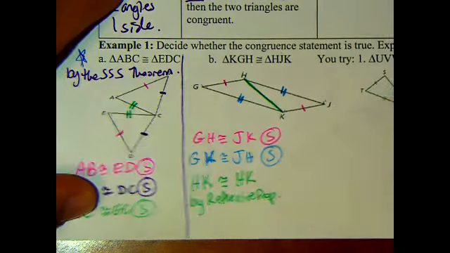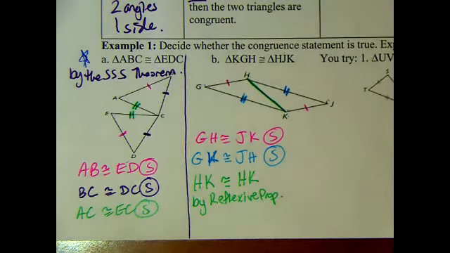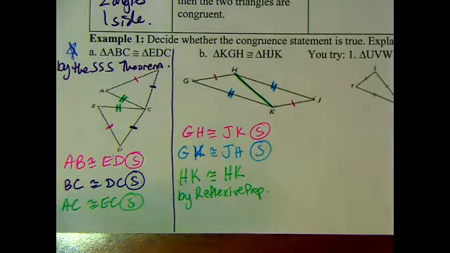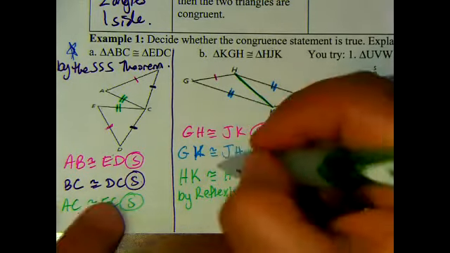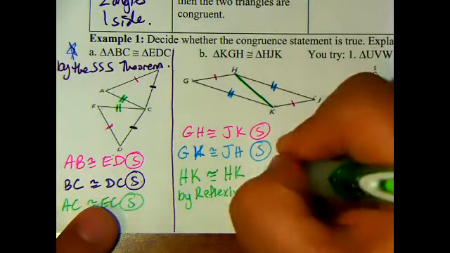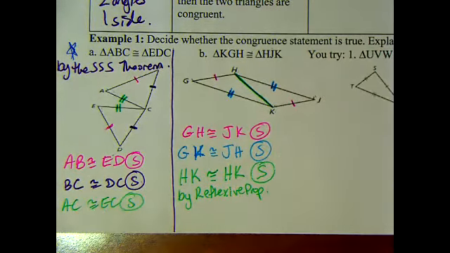Remember that property that says something is itself? That's literally what we're saying here. HK is congruent to HK because HK is HK. It sounds obvious, but sometimes you forget that. So we can use this third shared side.